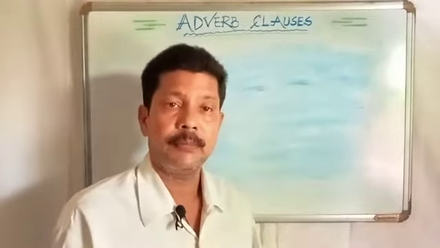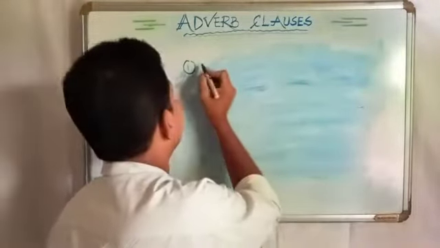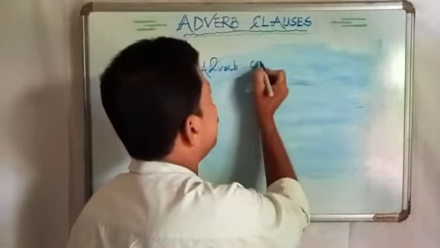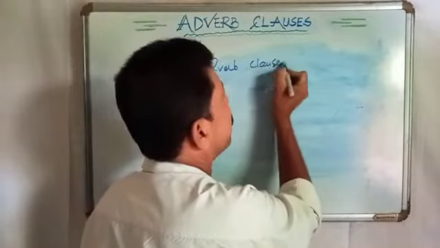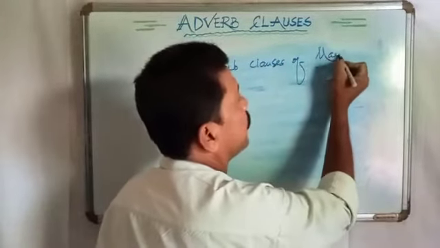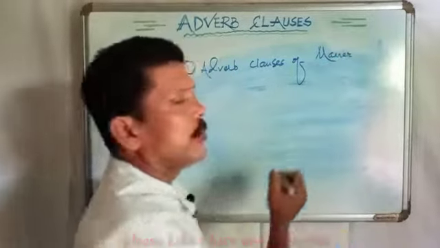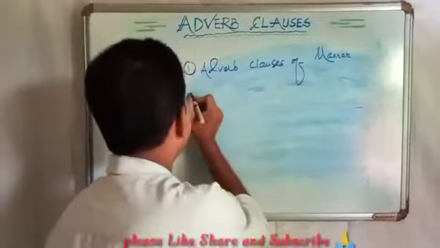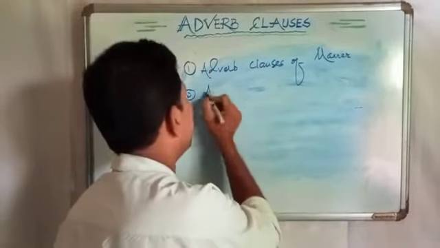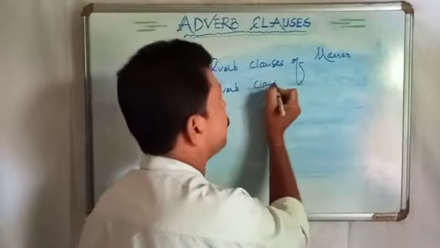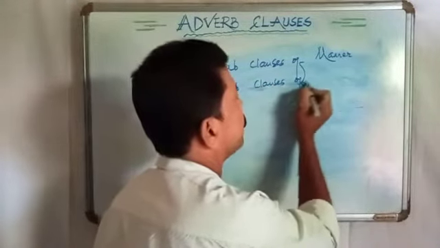Adverb clauses. Point 1. Adverb clauses are classified into 8. What are they? First of all, adverb clauses of manner, in short, manner adverb. Then adverb clauses of place.